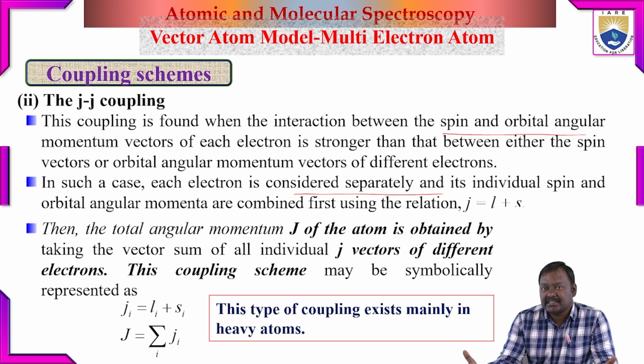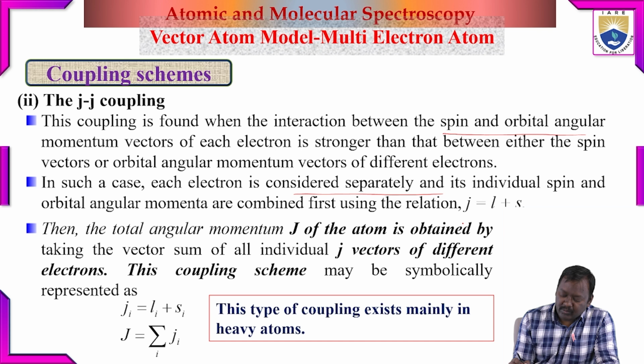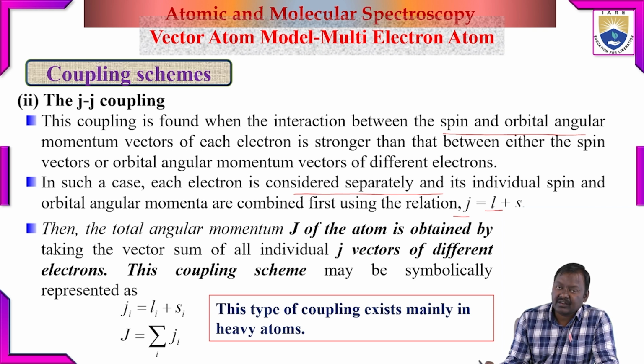That means for each electron there is a spin angular momentum and an orbital angular momentum. As they are stronger to add up individually, the total angular momentum of the particular electron, J, is taken by adding the spin and orbital quantum numbers, L plus S. Then we take the total angular momentum for all electrons and add them up to give the total angular momentum of the entire atom.